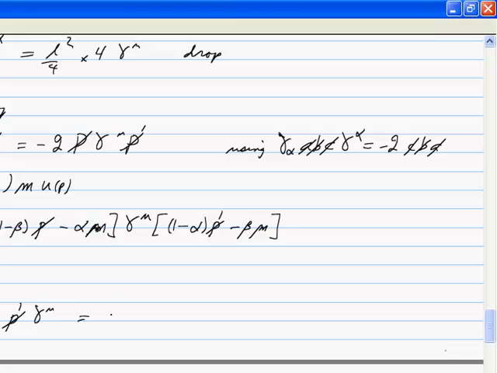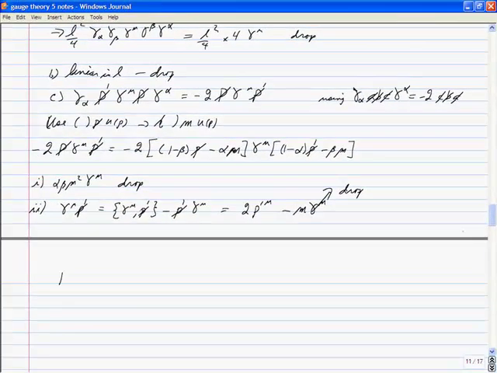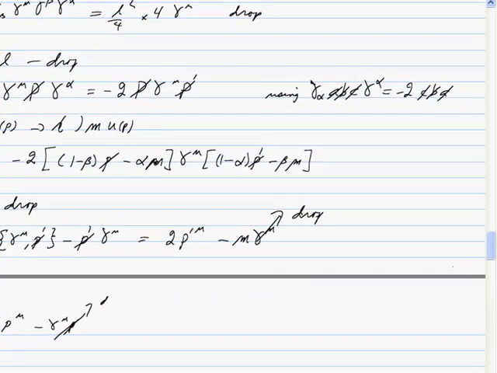I mean, let's see, we'll turn into then 2 p prime mu minus m gamma mu, which this guy will drop. And clearly the p primes are going to work out just fine. Likewise, if I have p slash gamma mu, the same trick turns into 2 p mu minus gamma mu p slash, which we're going to drop.